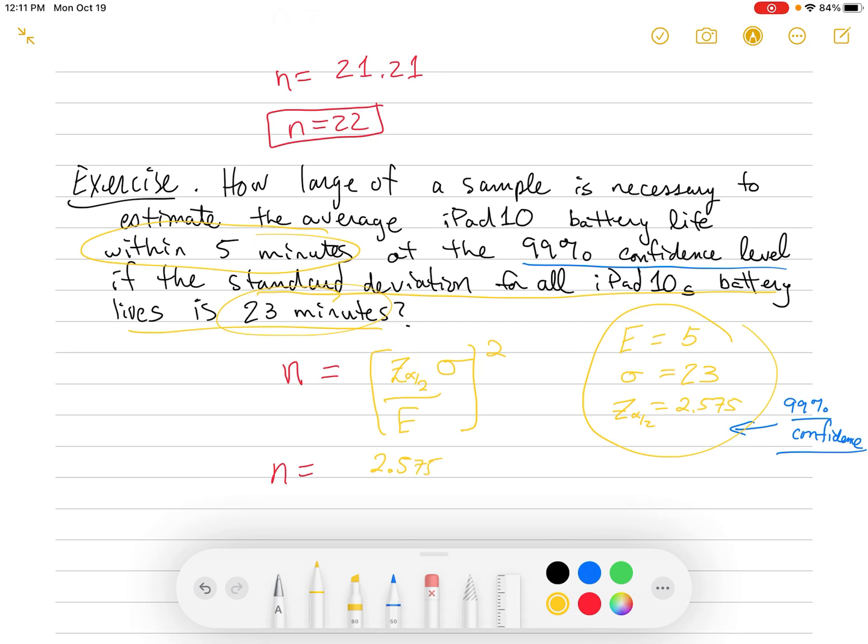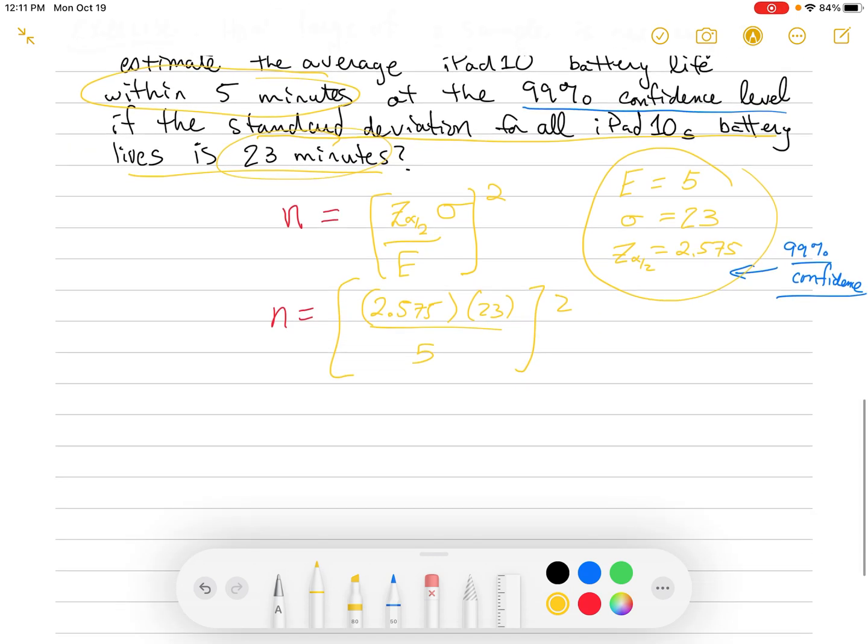N equals, let's see, I'm going to have 2.575 in place of z alpha over 2. In place of sigma, I'm going to have 23. I'm going to divide that by 5, and then we'll square at the very end. So we want to do the arithmetic in our calculator. 2.575 times 23 divided by 5.